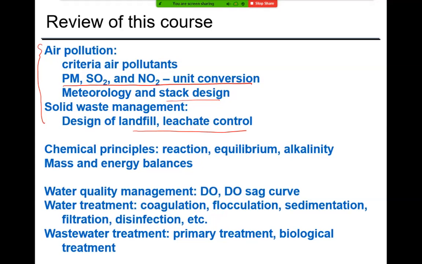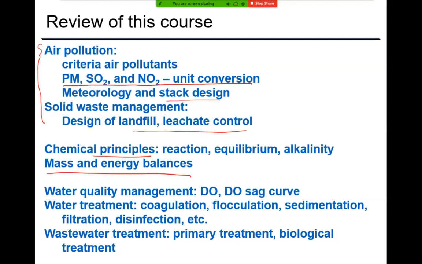But if you think back on the beginning of the class, we spent quite a lot of time on the chemical principles. I know that maybe many of you don't like these chemical ideas. I would say that in the future, you are going to use that. Definitely for the environmental engineering students, you're going to use these ideas for the next few years. We talk about mass and energy balances, right?